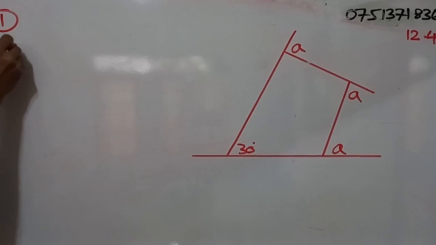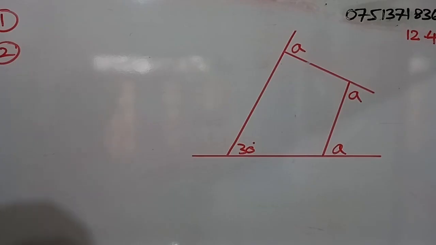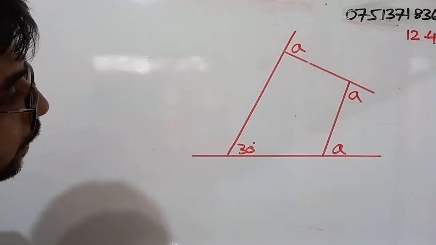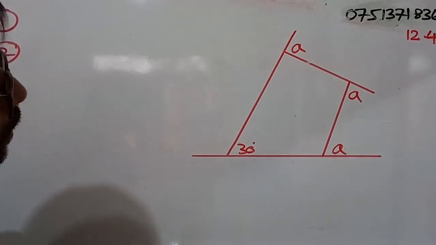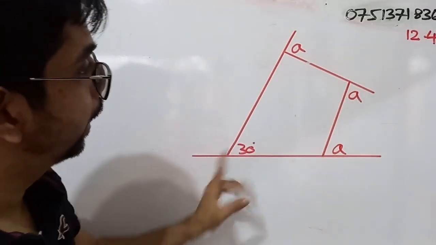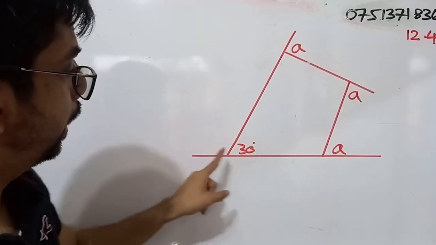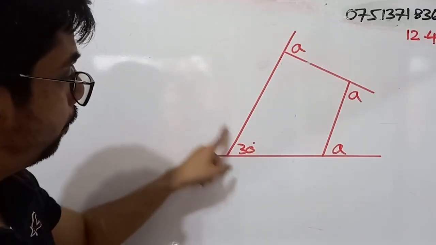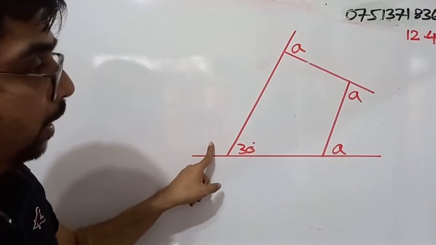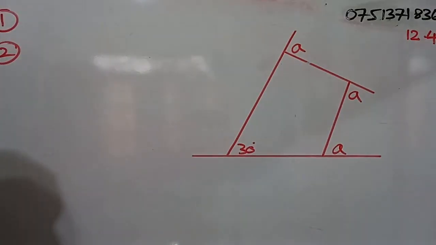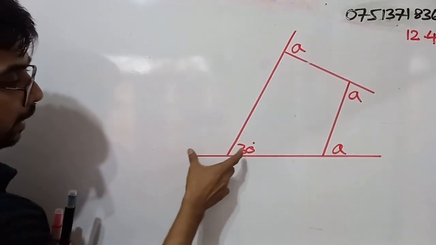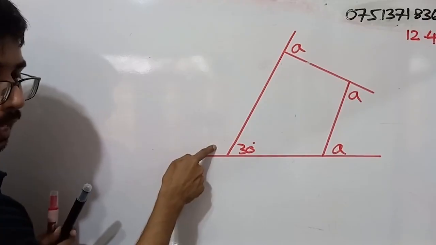Right. So now we will move to the second part. In the second part also we have a diagram where we have all the angles mentioned. These three are external angles. So we can find the value of this external angle. First of all, we can calculate this external angle.